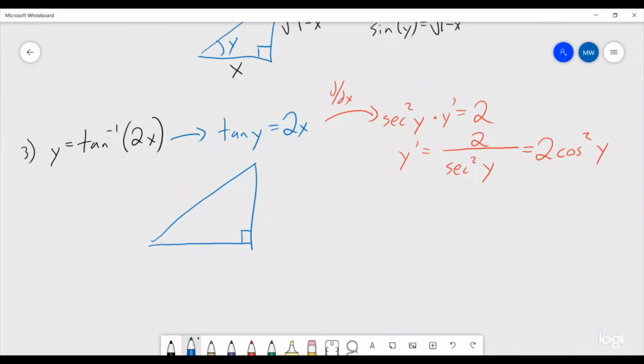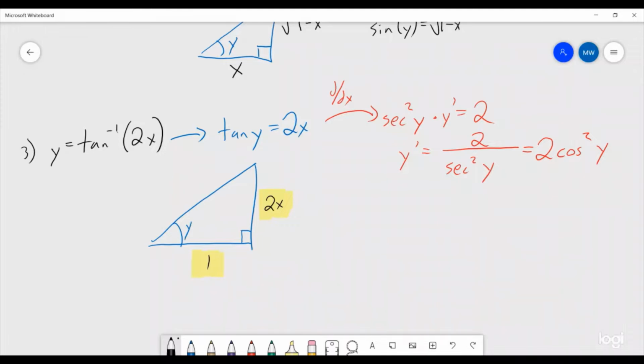So tangent of y, well, y is our angle again. This time tangent, that is opposite over, not over hypotenuse, over adjacent. So opposite over adjacent, and that's equal to 2x. So 2x divided by 1, that's one way to get 2x. So now we have to figure out what's our hypotenuse, because we need cosine, so we need adjacent over hypotenuse.